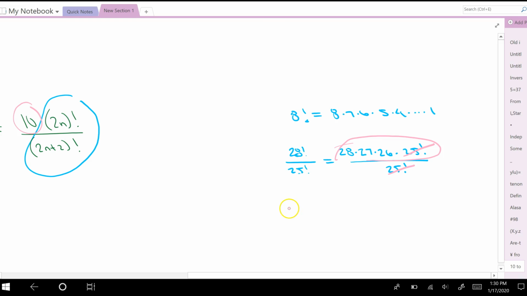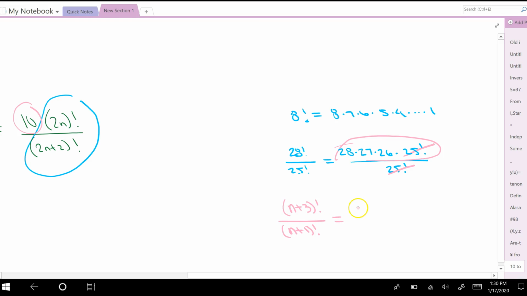Similarly, if I had something like this, n plus 3 factorial all over n plus 1 factorial, well, let's think about it. n plus 3 factorial is going to be the product of all the integers from n plus 3, reducing by 1 each time, all the way down to 1.